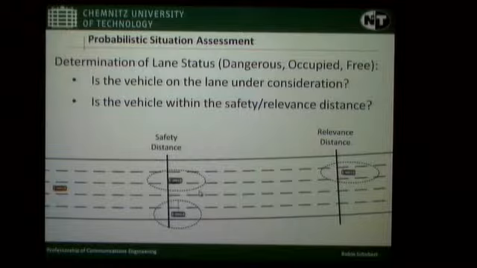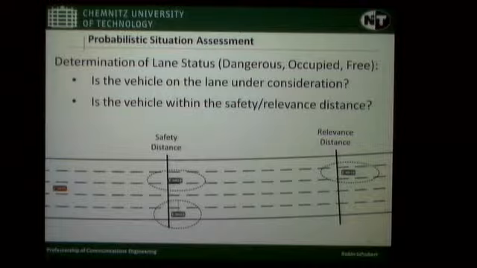Now, if we have to decide if this lane here is free or not, then we run into some difficulties because we are not sure if this vehicle is on that lane or on this lane, because the uncertainty makes it possible to have both. And we even don't know, is the vehicle inside the safety distance or not. So these are the things we have to decide here. And this is what I'm going to talk about in the next slides.